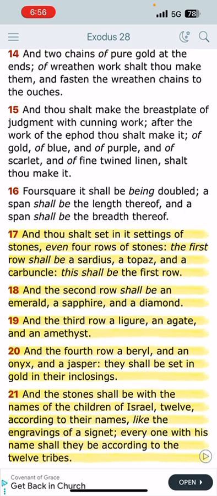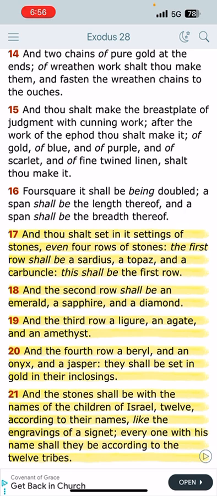This shall be the first row. The second row shall be an emerald, a sapphire, and a diamond. In the third row, a ligure, an agate, and an amethyst. And the fourth row, a beryl, an onyx, and a jasper. They shall be set in gold in their enclosure.